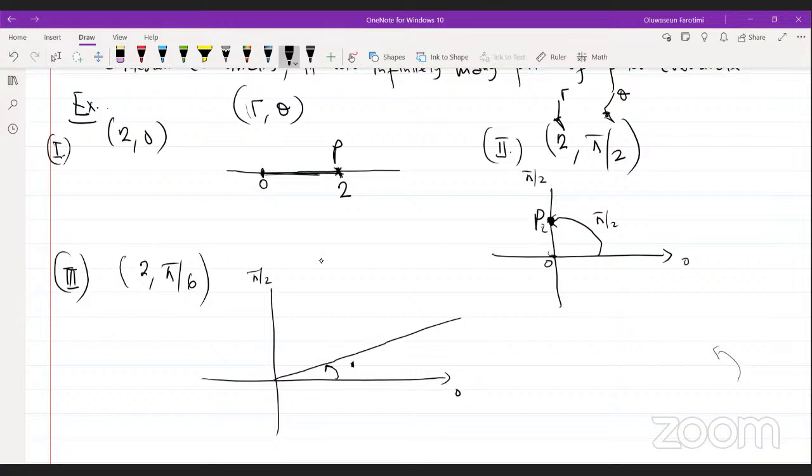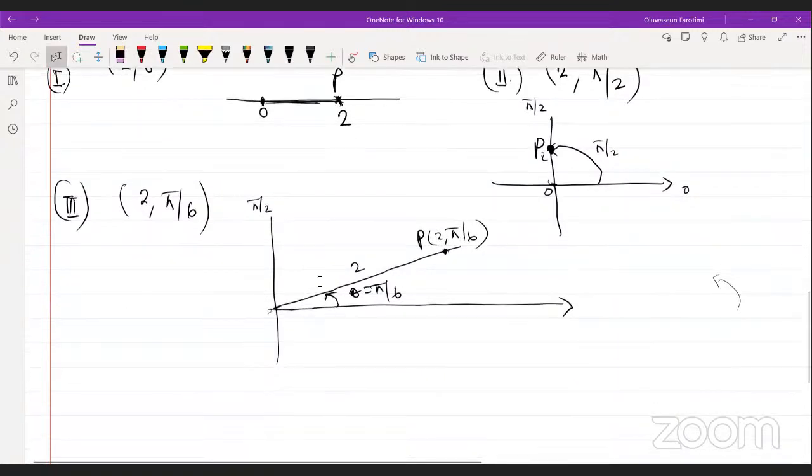So this is my theta equals pi over 6, the distance from here to here is 2, and I can call this point P: (2, pi over 6).